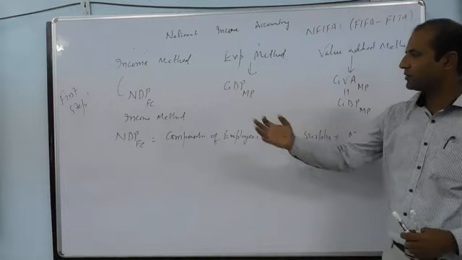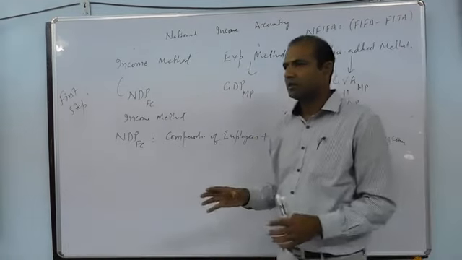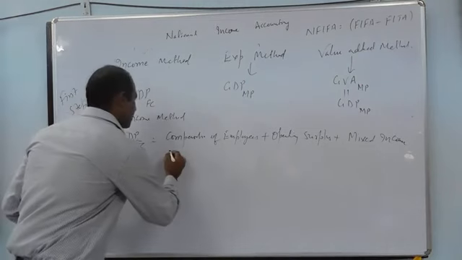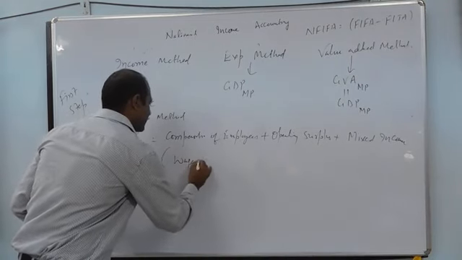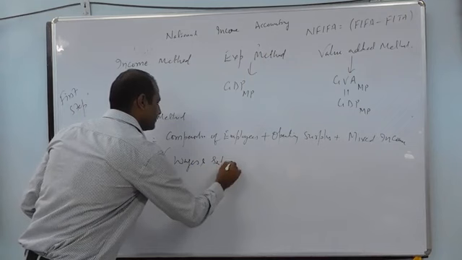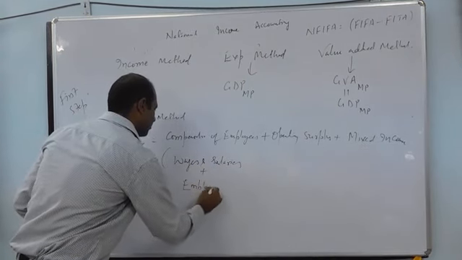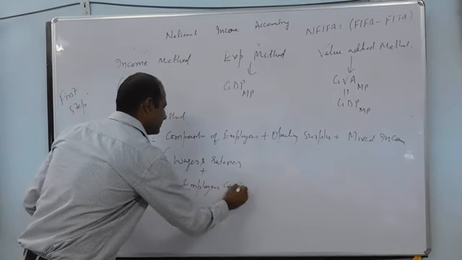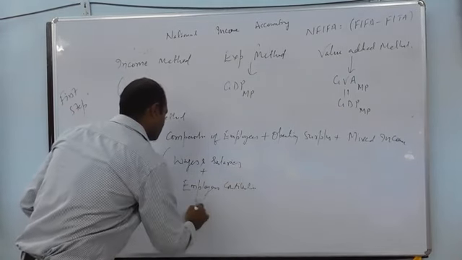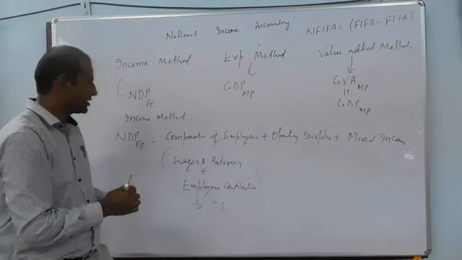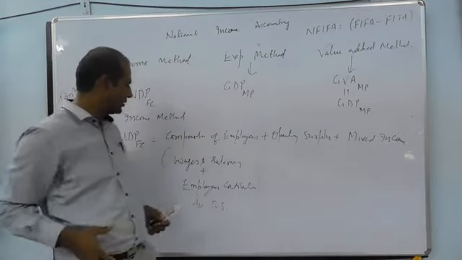Suppose in the data you find that there is no compensation of employees. What you have to look for? You have to look for wages and salaries plus employer's contribution to social security. If you add these two, this is equal to compensation of employees.